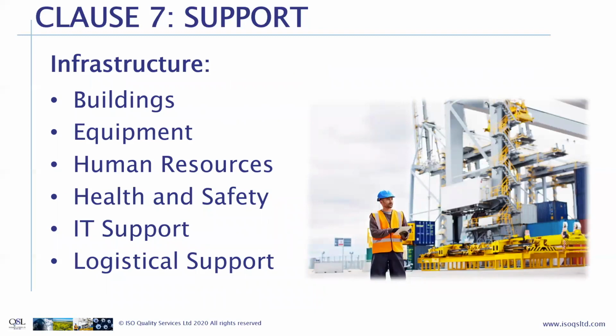Infrastructure includes buildings, and the sort of evidence that we'd be looking for, perhaps a little bit difficult from a remote perspective, but ongoing in the future, would be planned maintenance programs in place, things such as air conditioning serviced by qualified engineers. That's a legislative requirement. Equipment used within your business would include hardware and software.